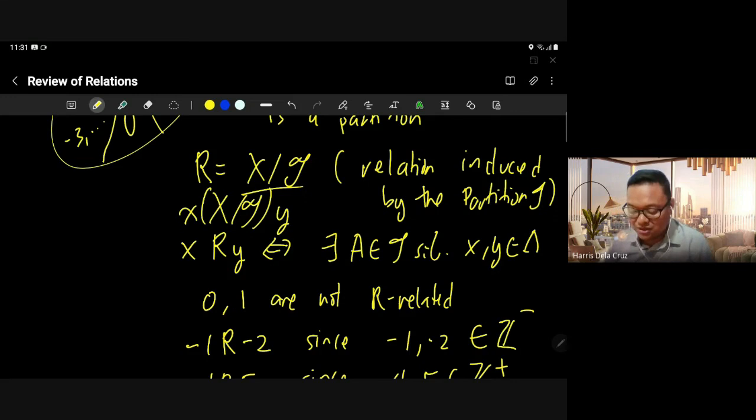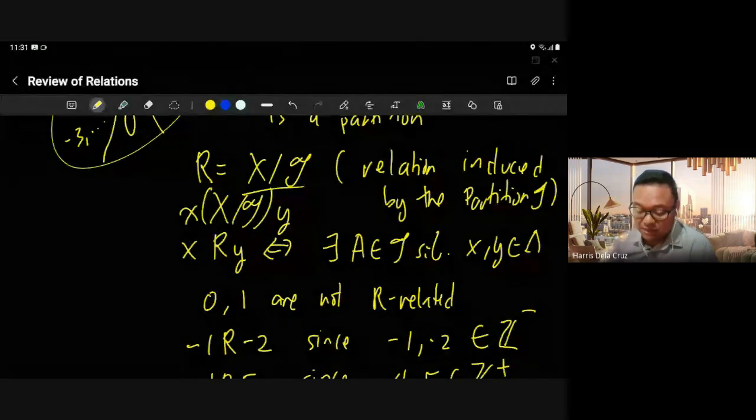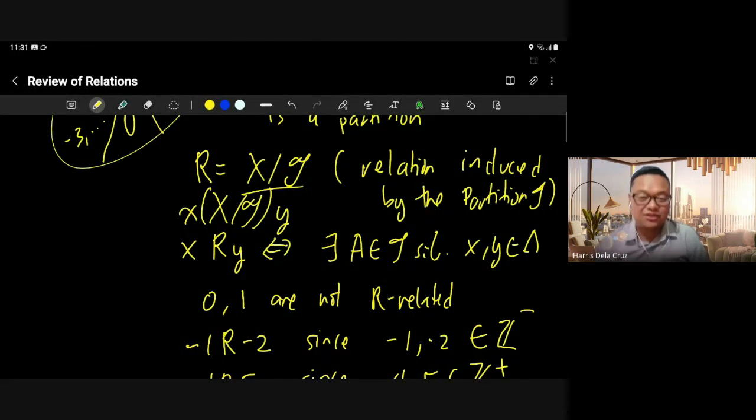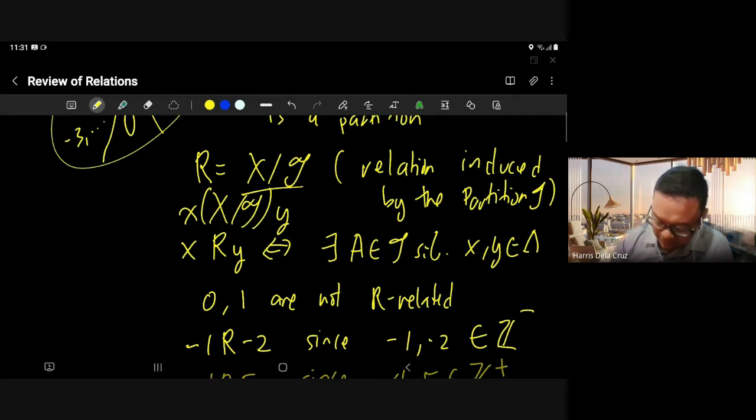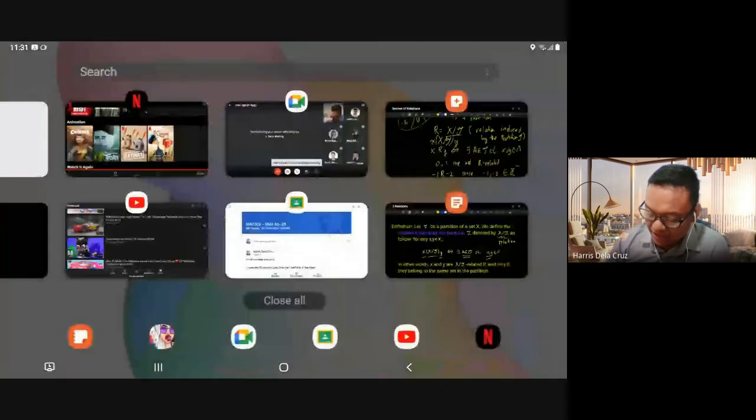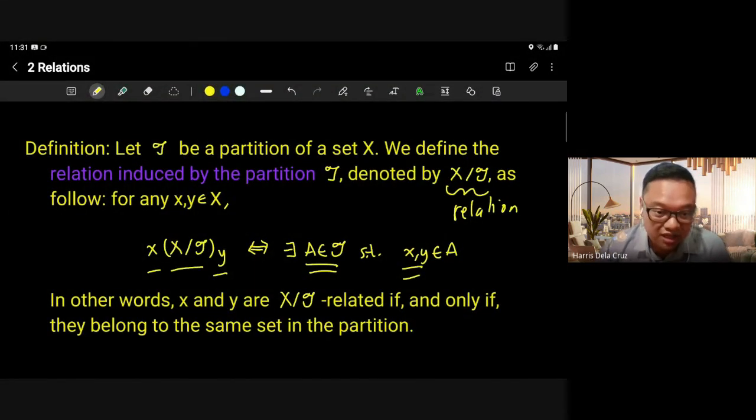Alin yung X over T? Yun yung induced relation. Induced by what? By the partition T. So, nauna yung partition T, tapos in-induce niya yung relation R. Okay. Now, let's connect now the induced relation.